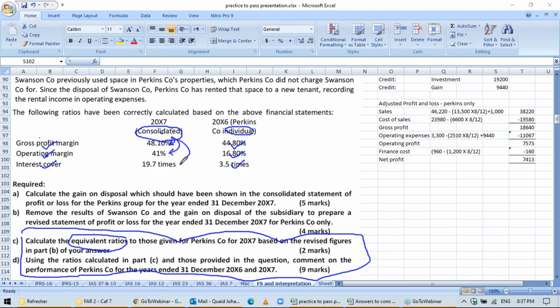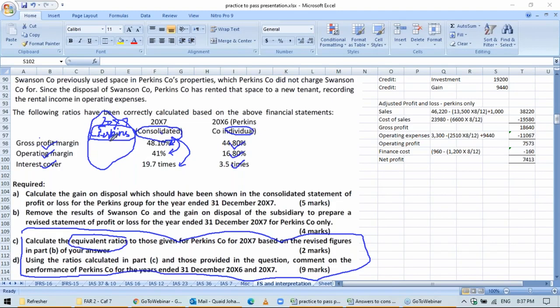We have to make a working through which we will calculate individual Perkins ratios. Now we are going to calculate the Perkins ratios. So Perkins ratios are to be calculated over here, individual.